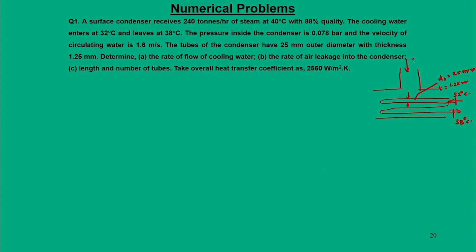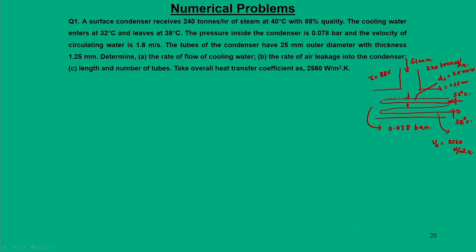Steam enters at 240 tons per hour, and here the quality of the steam is 88%, and the condenser pressure is 0.078 bar. Overall heat transfer coefficient, that means condensation takes place on the surface. Overall heat transfer coefficient for this tube is U0, which is 2560 watt per meter square Kelvin. So, this is the problem.